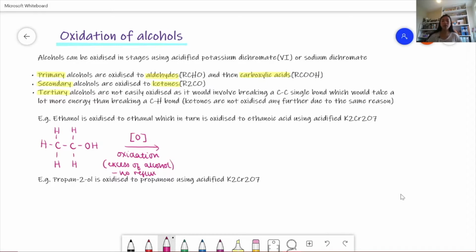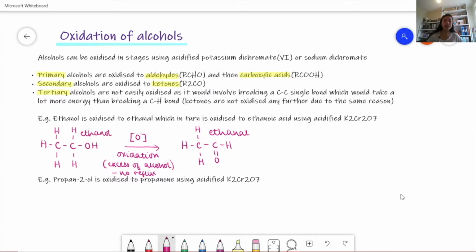And then this will form the ethanal. So ethanal has this formula, CH3, CHO, like this. And so this is an aldehyde. So we started off with ethanol, and now we've ended up with ethanal, which is the aldehyde.